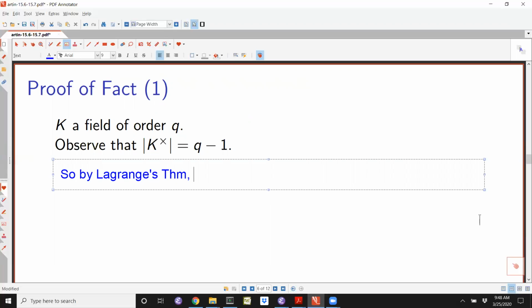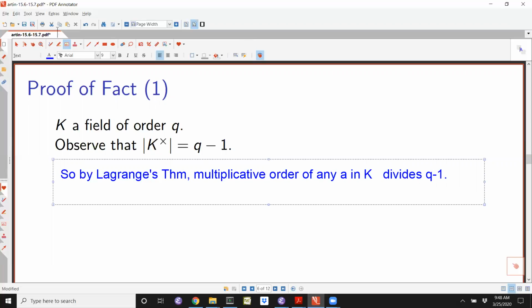Anyway, by Lagrange's theorem, the multiplicative order of any a in K times divides q minus 1.